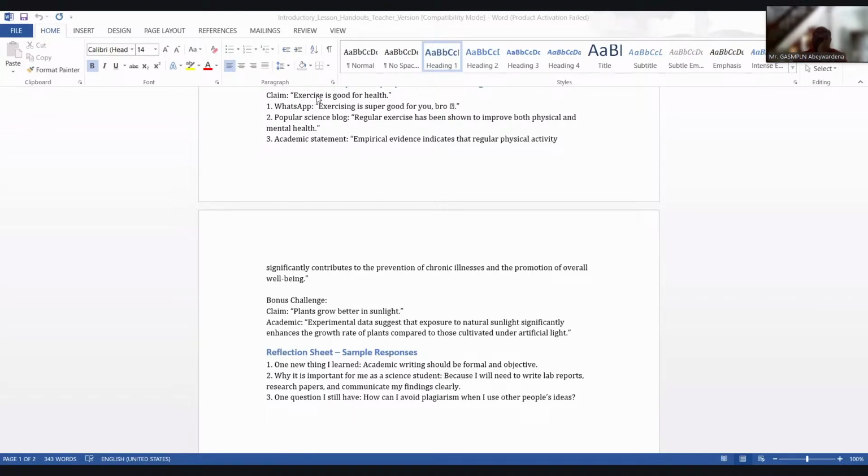This is a WhatsApp one, this is the blog, and this is the academic style. Regular physical activity means exercise; chronic illness means coming for a long time; well-being means health.